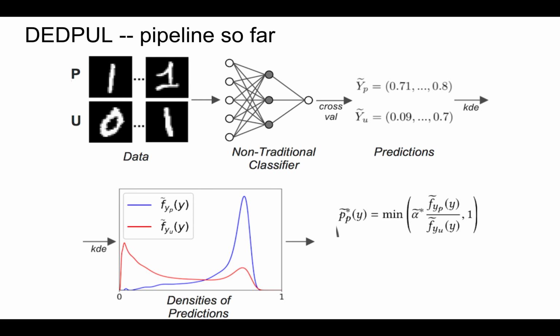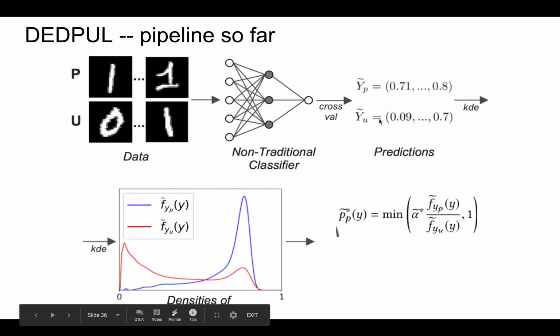Then the pipeline looks like this. We have seen in the top row that our data is transformed to one-dimensional predictions of the non-traditional classifier. But then, unlike Elkan and Noto, we estimate the density functions of these two prediction vectors. And it often looks like this. So here we have the positive density that has one distinct mode, and the unlabeled density that has two distinct modes.